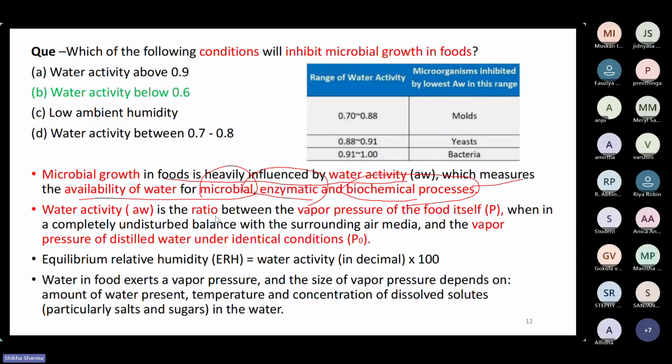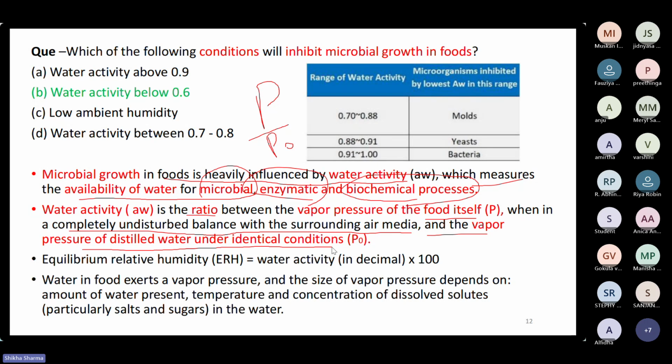Water activity is basically the ratio of the vapor pressure of the food, in a completely undisturbed balance with the surrounding air media, to the vapor pressure of distilled water under identical conditions.